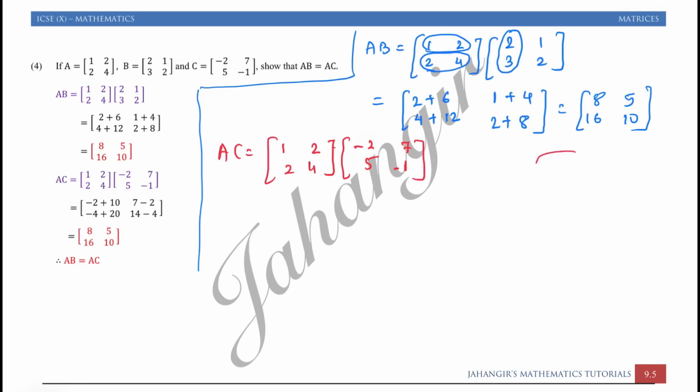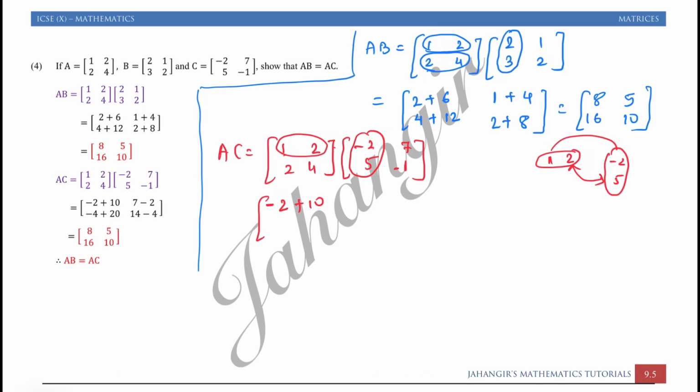So if you see, first row is 1, 2 and first column is minus 2, 5. So 1 into minus 2 is minus 2 and 2 into 5, 2 5s are 10. This is first row, first column.